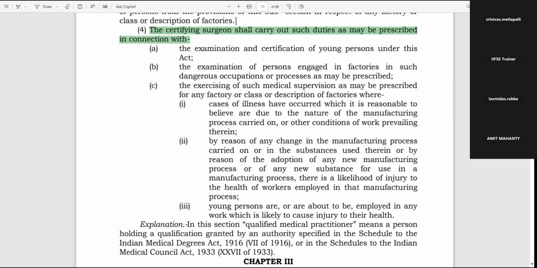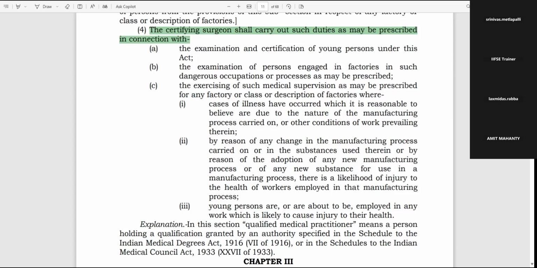They assess or monitor and also review. And by any change in the manufacturing process or in the substances used therein, or by reason of adoption of any new manufacturing process or any new substance for use in a manufacturing process, there is a likelihood of injury to health and safety of the workers employed in that factory or process. In such cases also they do such medical examinations and supervision.